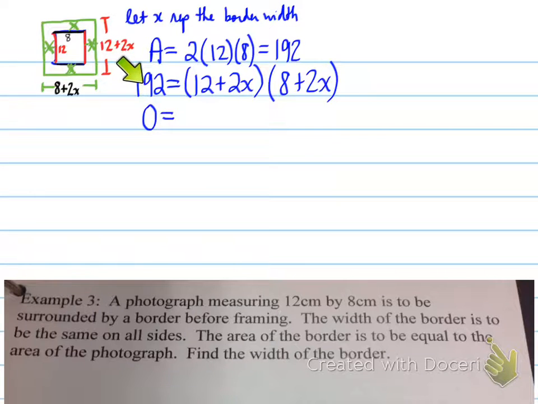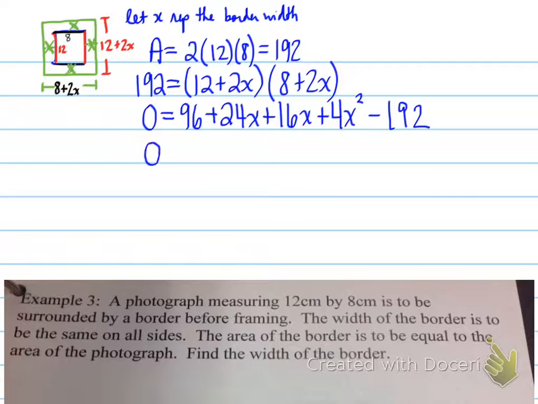What we do now is expand this expression and move the 192 over so that we have a 0 on one side of the equation. And we do this, move everything over, collect like terms, and this is what we get, folks.